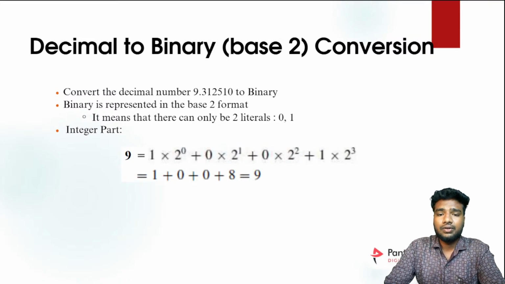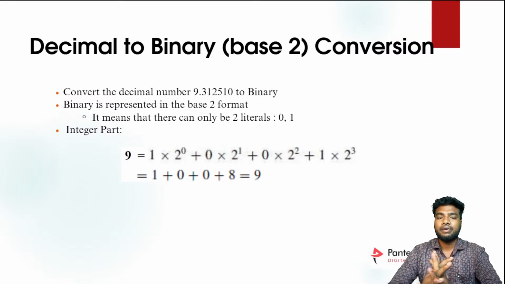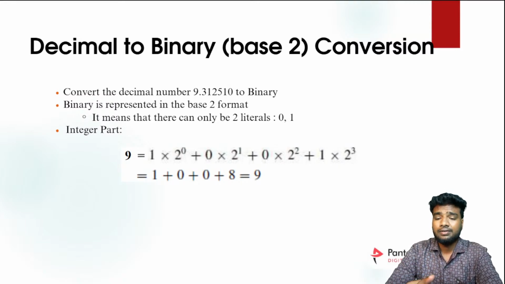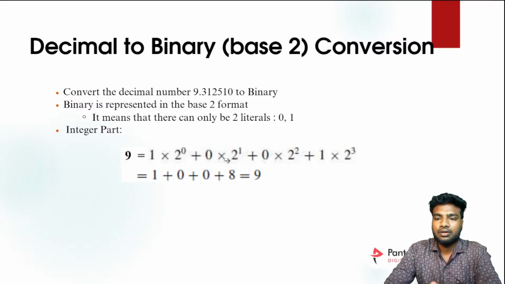And let's see the binary to decimal conversion and decimal to binary conversion. Decimal to binary conversion means the decimal has base 10, so it has decimal values like 0 to 9, and then we have to convert into binary, in the form of zeros and ones. For that we can use this method. You know about the 8421 conversion: if you want to convert decimal to binary using 8421, 1001 is the binary form of 9.